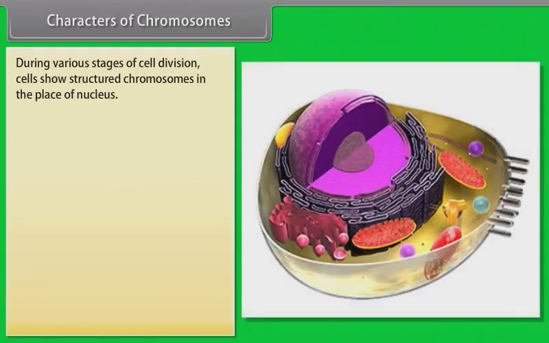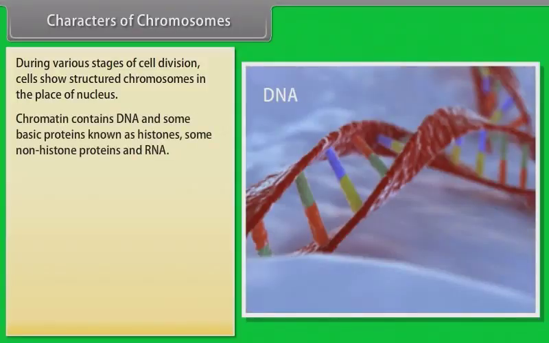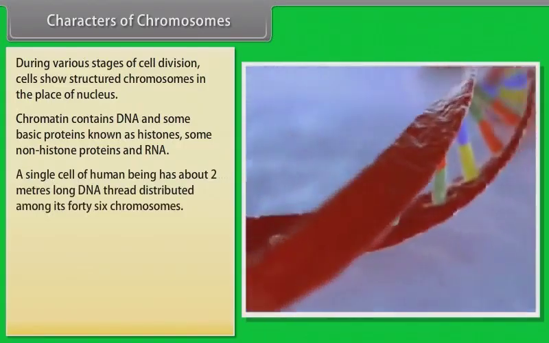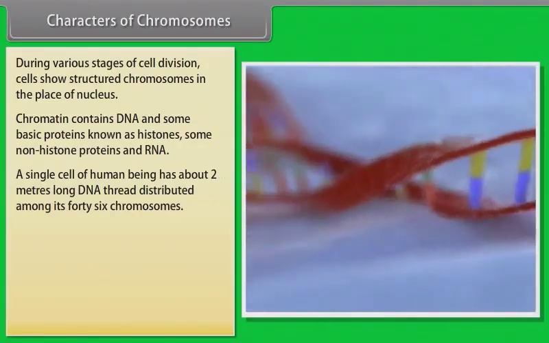Characters of chromosomes. During various stages of cell division, cells show structured chromosomes in the place of nucleus. Chromatin contains DNA and some basic proteins known as histones, some non-histone proteins, and RNA. A single cell of a human being has about 2-meter-long DNA thread distributed among its 46 chromosomes.